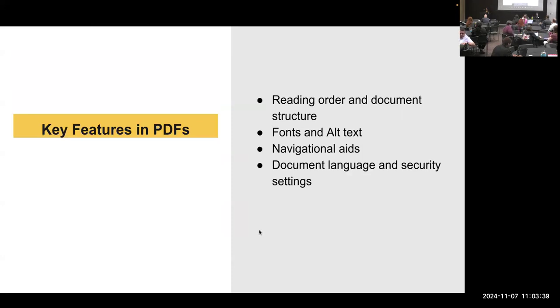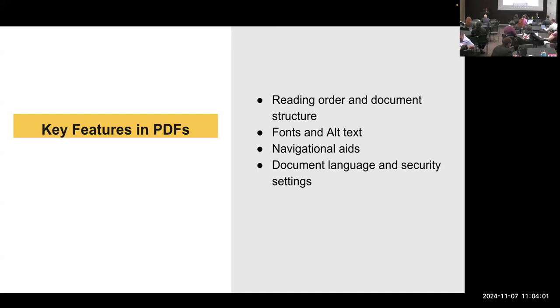So what are some key features in PDFs? First of all, for a person who's using a screen reader to have a really good experience reading the document, the reading order is important.